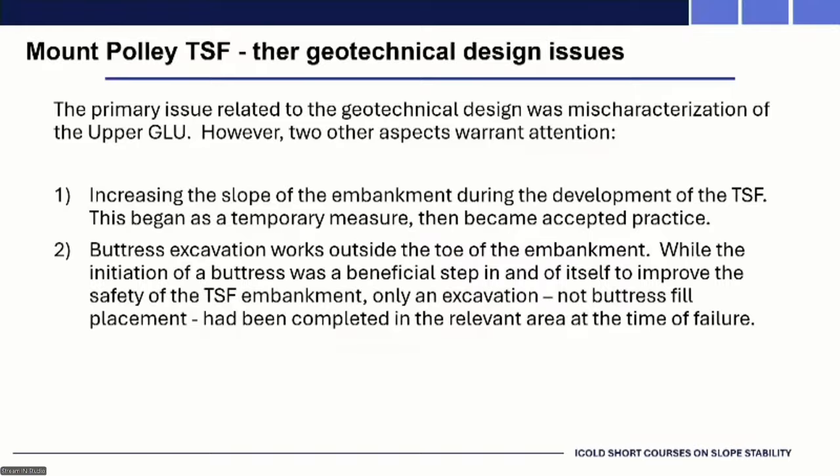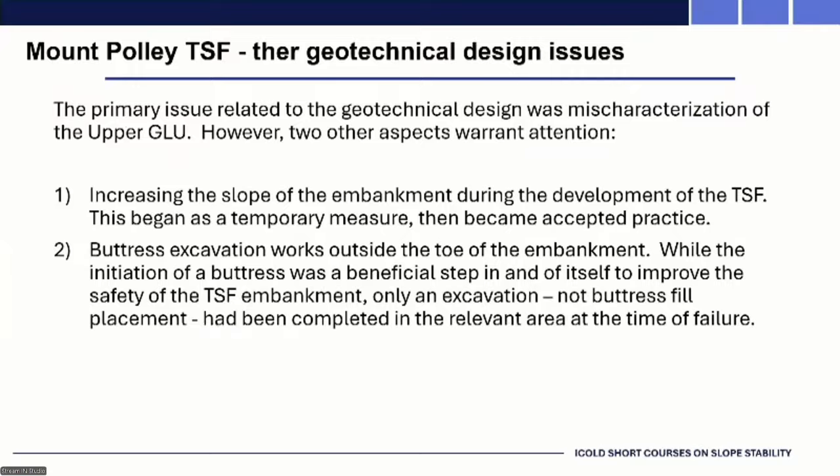So I think the forensic investigations pointed out that probably the primary issue related to the design and the investigation. The mischaracterization of that glacial clay layer, or perhaps not even recognizing that it was present everywhere where it was present. I think it was picked up in some areas, but perhaps not fully characterized in others.